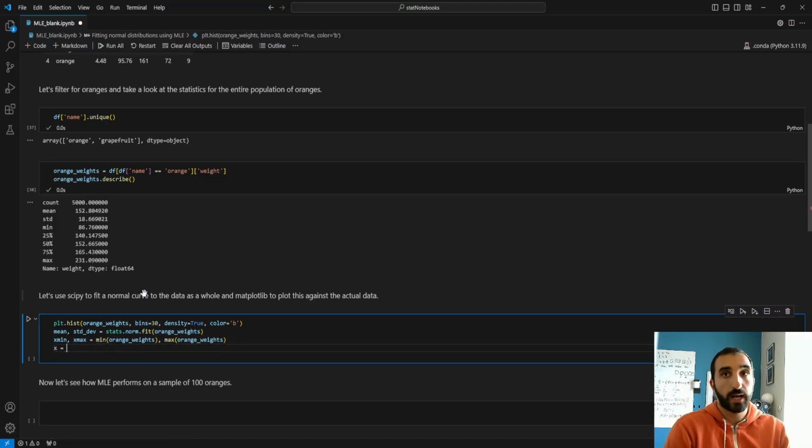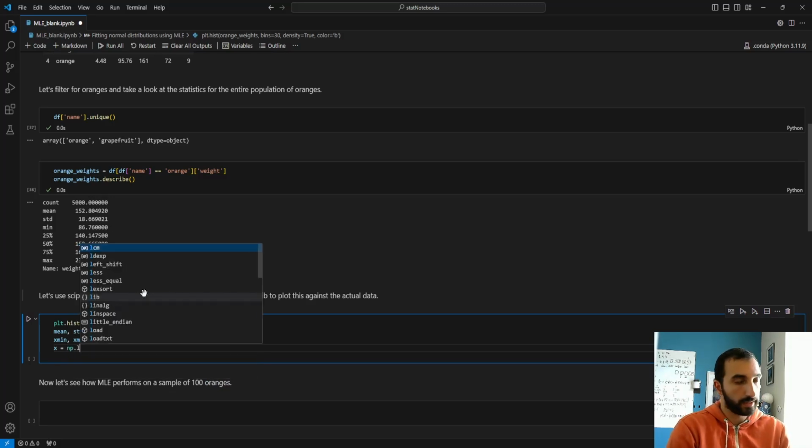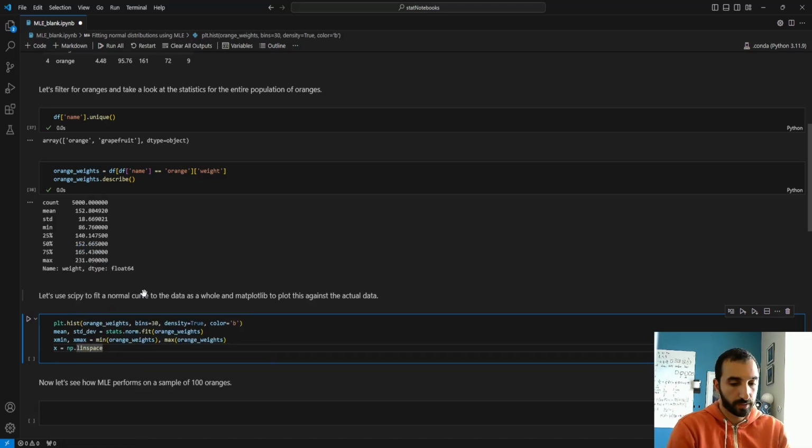And next, I'm going to use NumPy's linspace function to get these slices. So np.linspace, you give it a min, which is xmin, give it a max, xmax, and then you tell it how many slices you want to make, and I'm going to set it to be 100. If you set this number too low, your curve is going to come out all jaggedy.